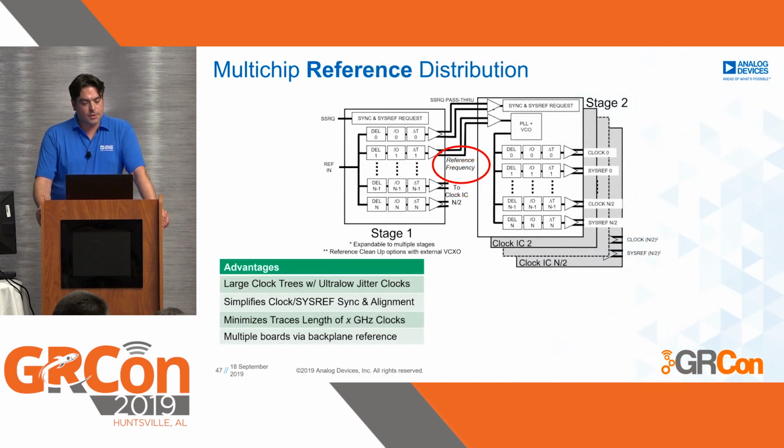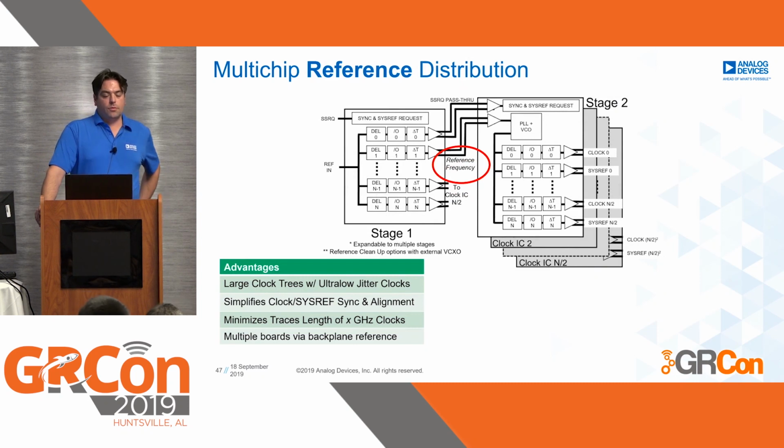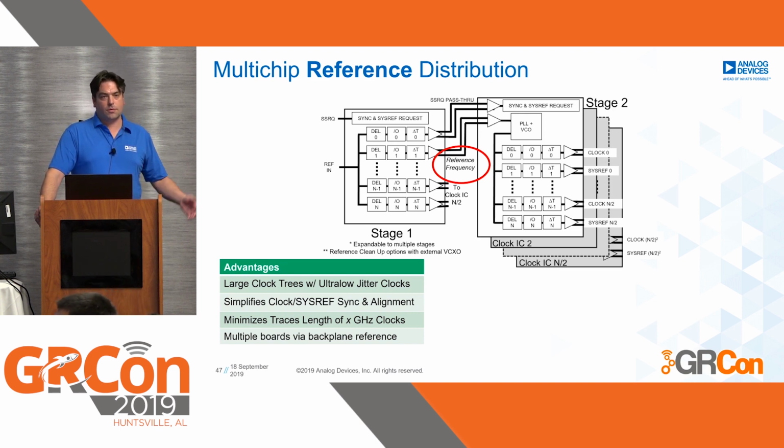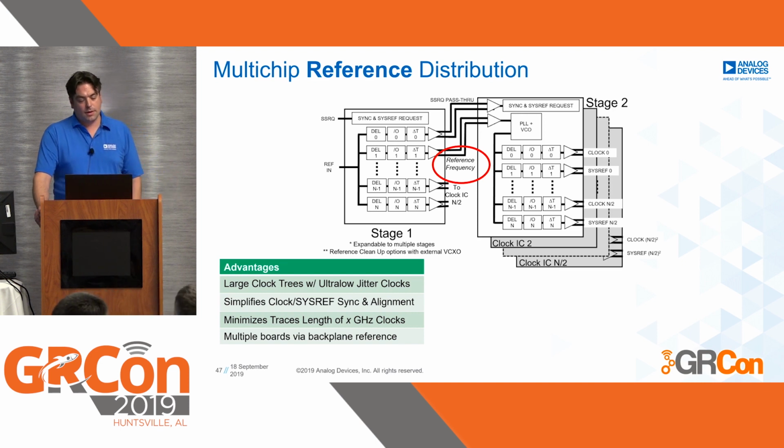This becomes really difficult if you have larger systems or distributed systems. So the other method is what's called reference distribution. This is where a much lower reference frequency is distributed across multiple layers in your clock topology. This reference clock is much lower frequency, and you can also route it through backplanes and other things.